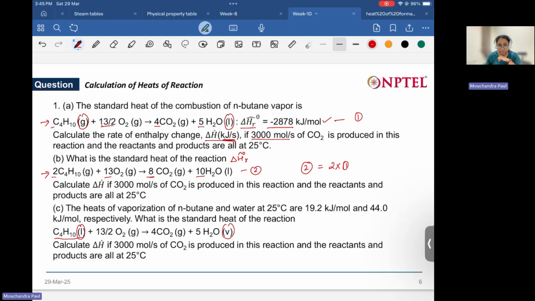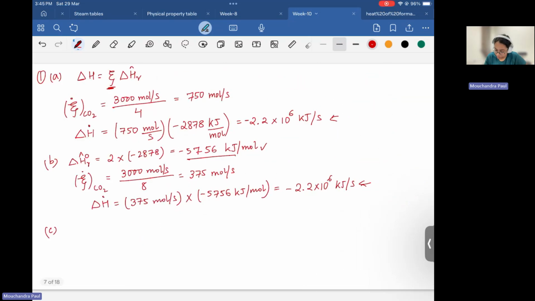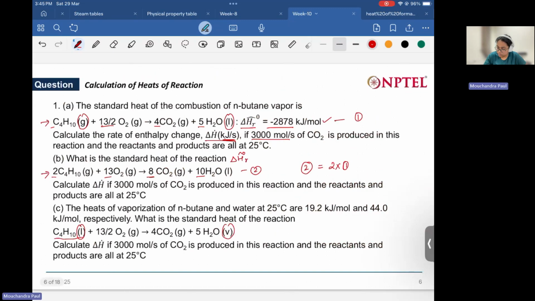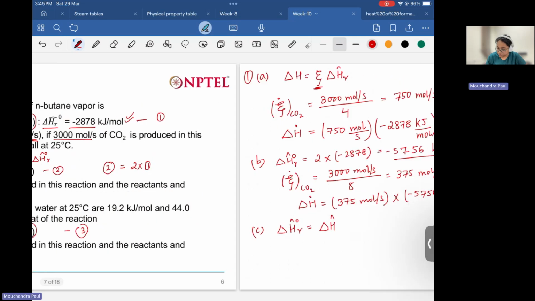So because of that, the heat of the reaction will also change. Now what will be the new heat of the reaction here? It will be basically with the old one, which were this. If we consider this reaction 1, this is 3.